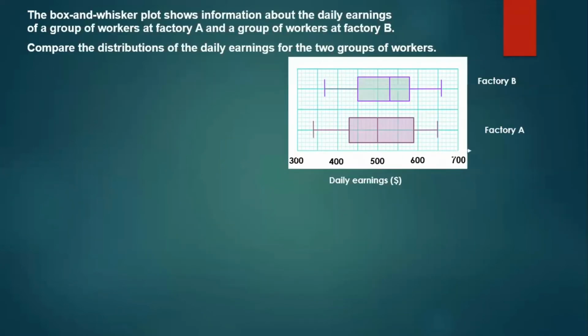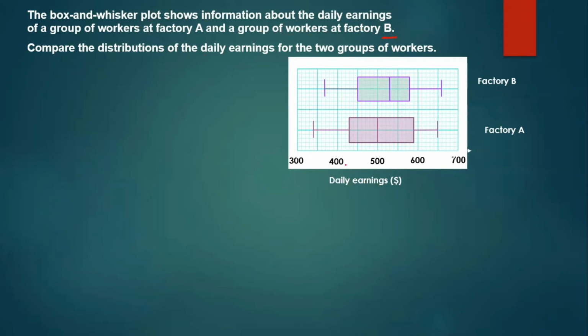The box and whisker plot shows the information about the daily earnings of factory A and factory B. Compare the distributions of the daily earnings of the two groups of workers. The daily earnings are given here in dollars, $300, $400, and so on.